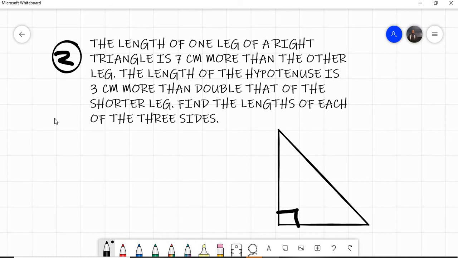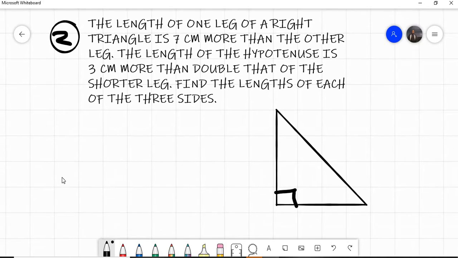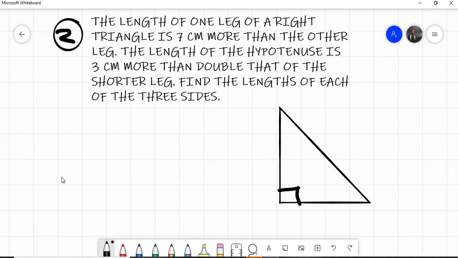Find the length of the 3 sides. So as we know, they said one leg is shorter. This one we're gonna assume is our x, and the other one they said is 7 centimeters longer. So this one we're gonna write x plus 7.